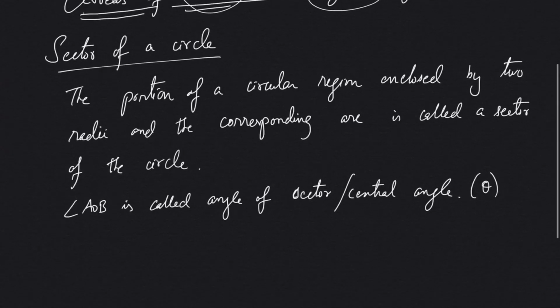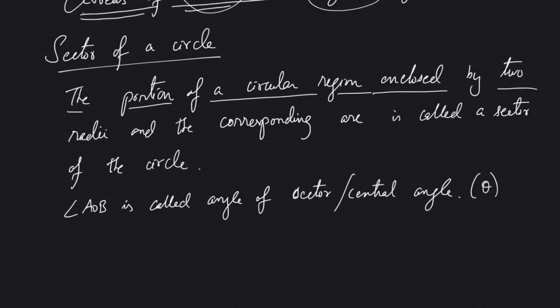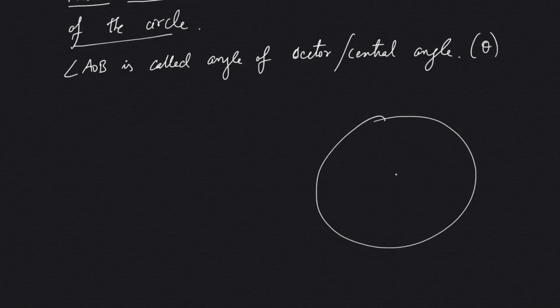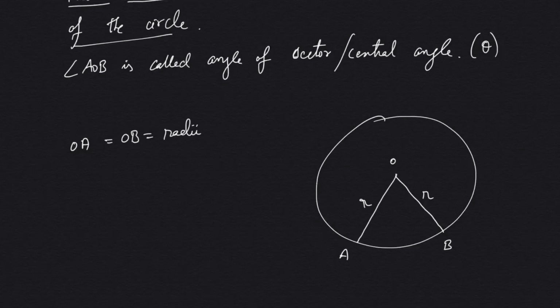Sector. What do you mean by sector of a circle? The portion of a circular region enclosed by two radii (plural form of radius) and the corresponding arc is called a sector of the circle. That is, if you have a circle, then suppose you have two radii, OA and OB, of the same circle, and this is the angle formed.